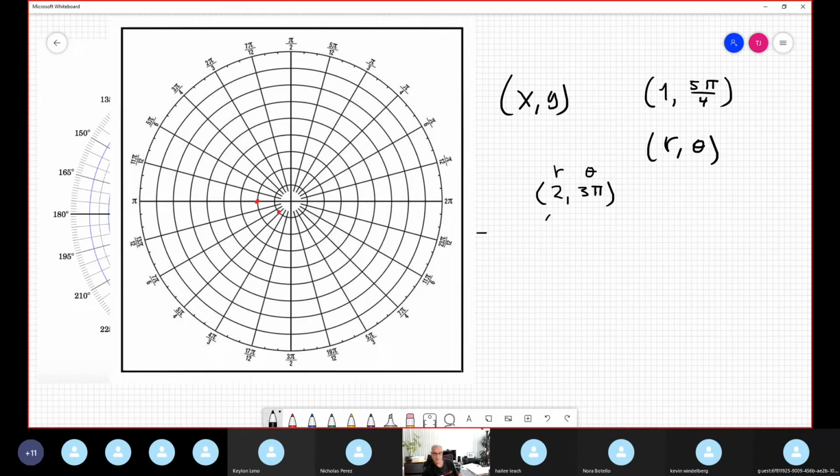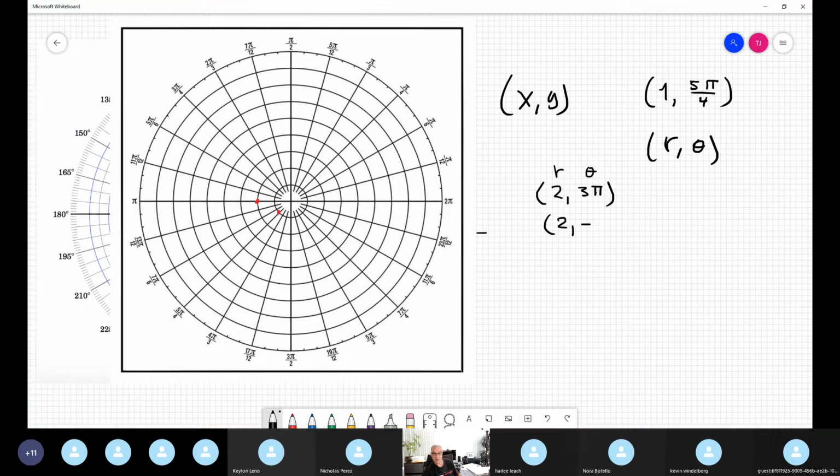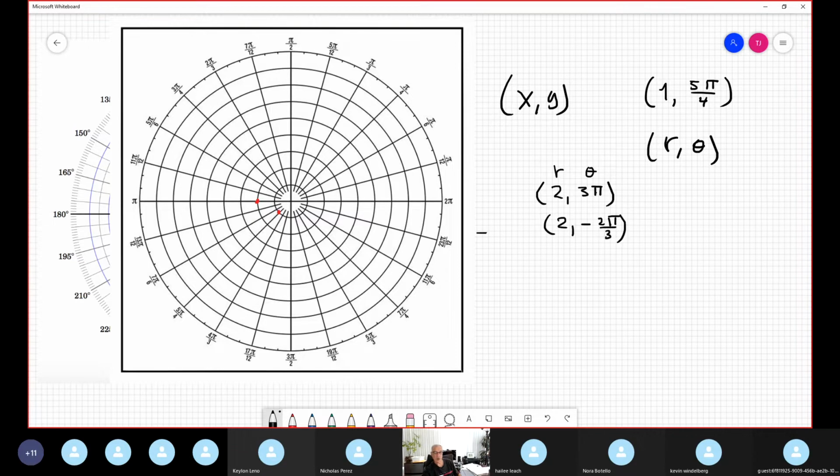Suppose another point. Suppose 2 comma, same radius, but now I change to negative 2 pi over 3. It complicates your life. I put a negative angle. When you have a negative angle, I need you to know that you go clockwise. The rotation is clockwise.